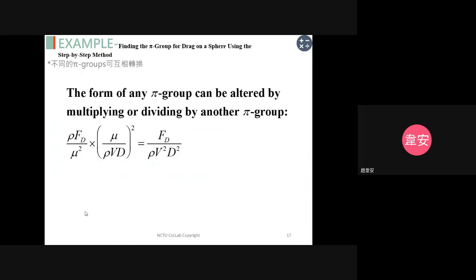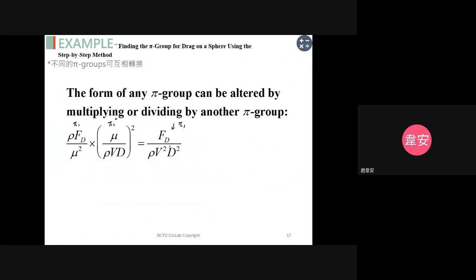So actually, the form of any pi group can be altered by multiplying or dividing by another pi group. So if we use pi 1 multiplied by pi 2 squared, then we will have another pi 1.